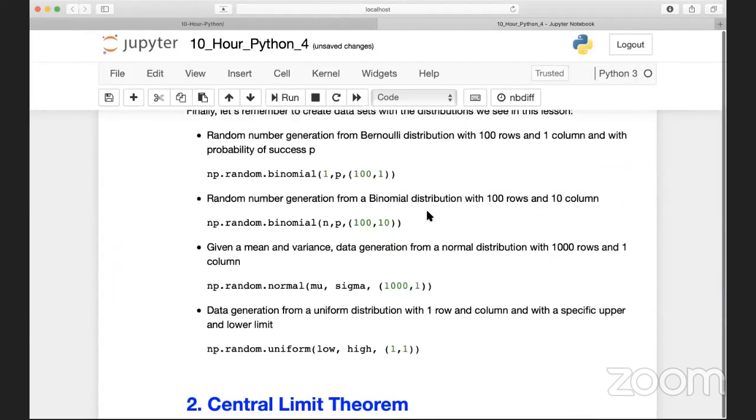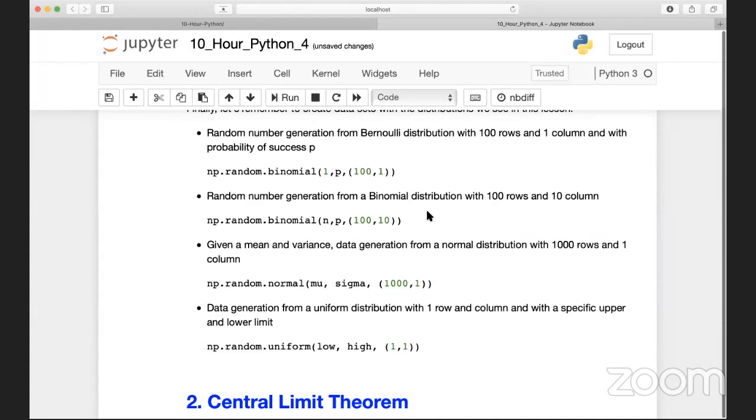I would like to briefly talk about how we generate random distributions using Numpy. It's really easy, but you just need to know the parameters.